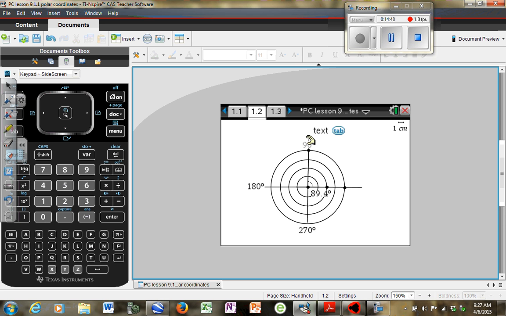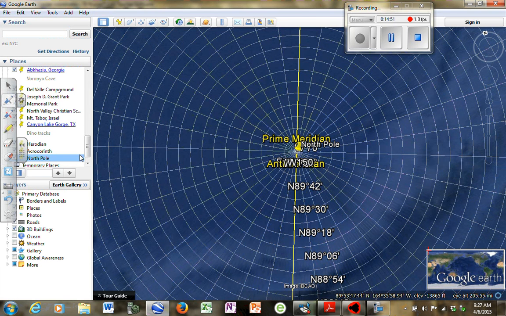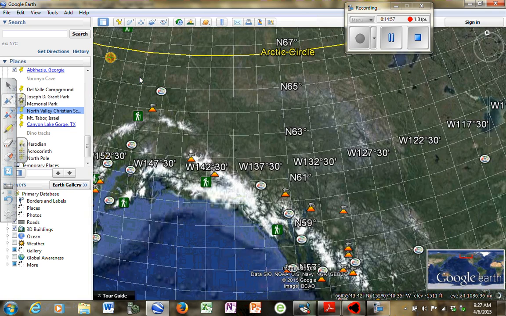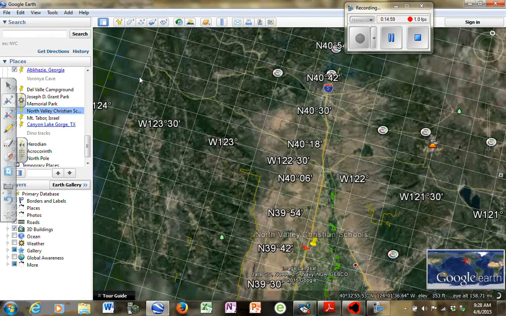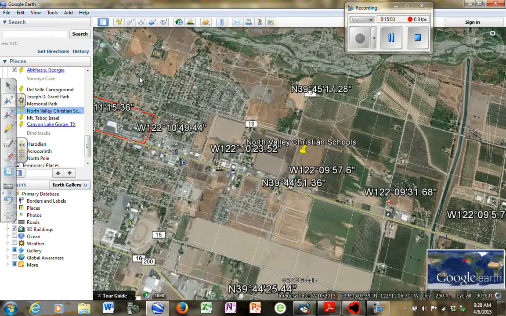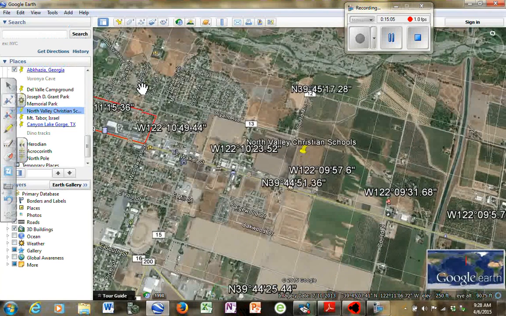If I was trying to find out how to get from North Valley Christian, formerly known as North Valley Christian Schools, to Barrett Laley's house, I could describe several different ways to get there. I could leave the parking lot and go along the 32 to the west until I got to road and a half, and I could go up this way and hopefully not get shot.